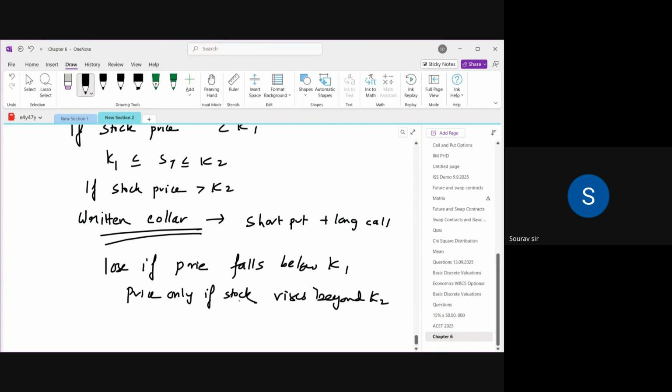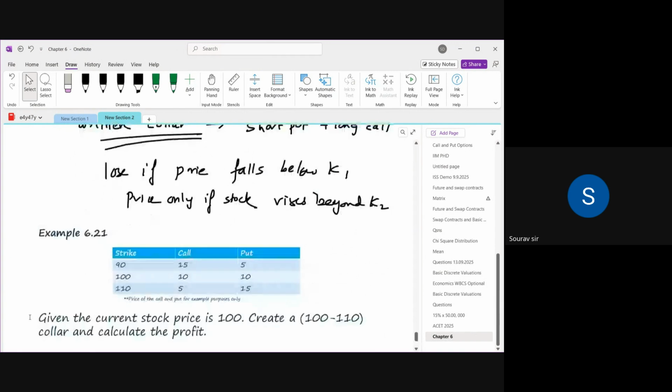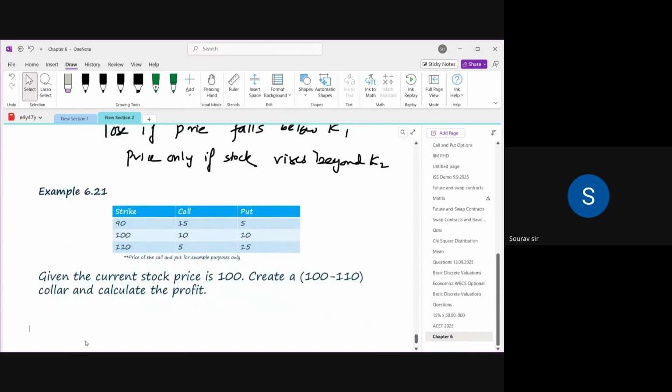It is commonly used by investors to hedge a portfolio, but it can cost less if the premium received from selling the call offsets the cost of buying the put. It provides a constant payoff band. Here again an example. So here, what is the collar structure?